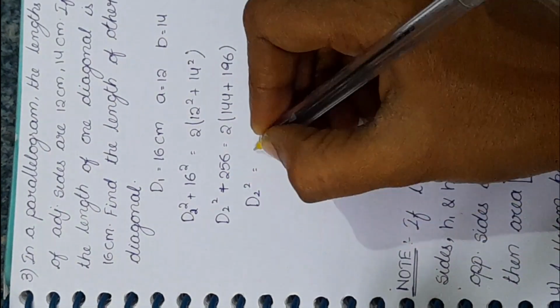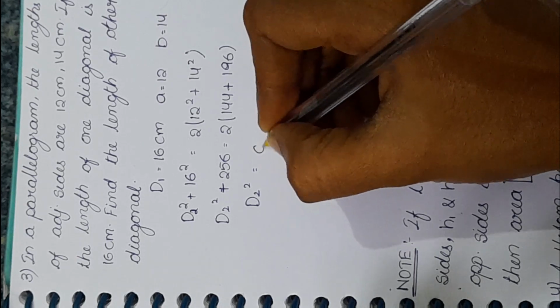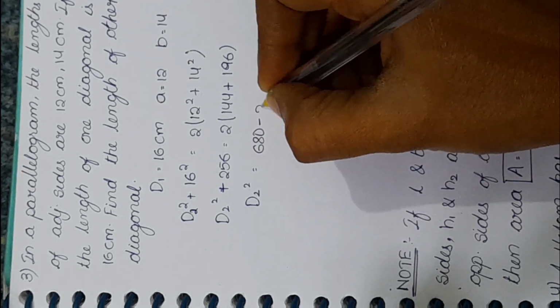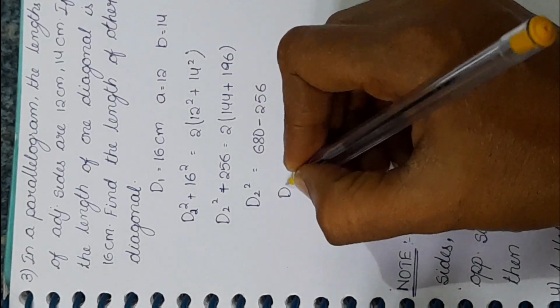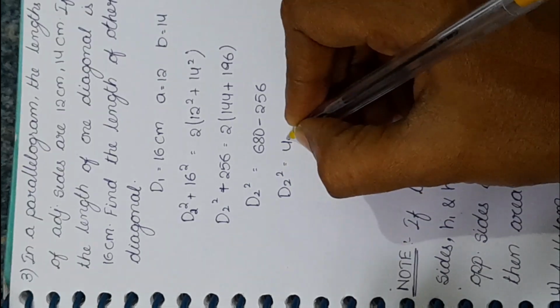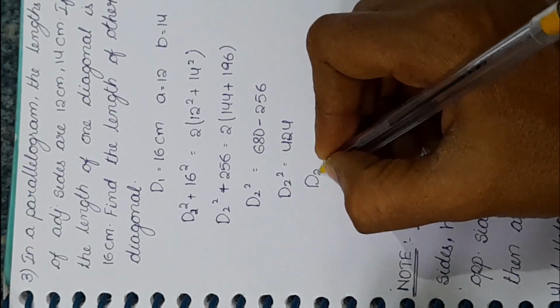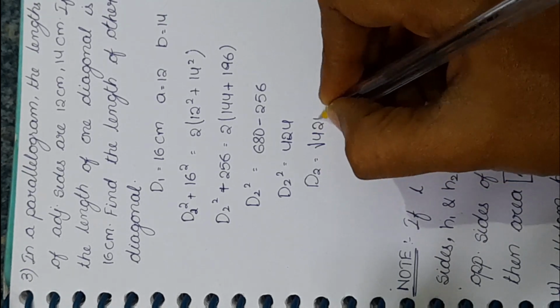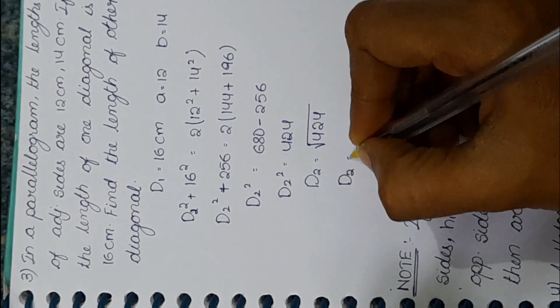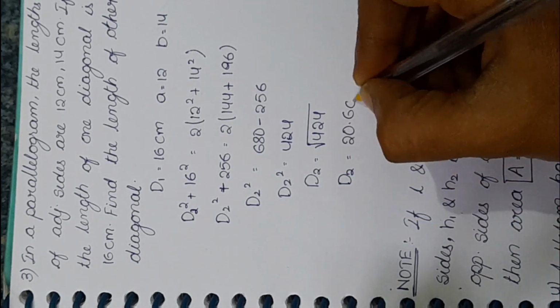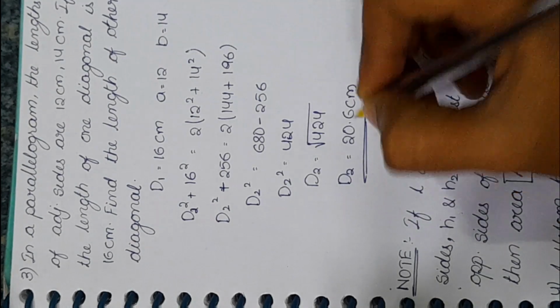D2 square is equal to 680 minus 256. D2 square is equal to 424. D2 is equal to root of 424. D2 is equal to 20.6 centimeters is the value of D2, that is the diagonal.